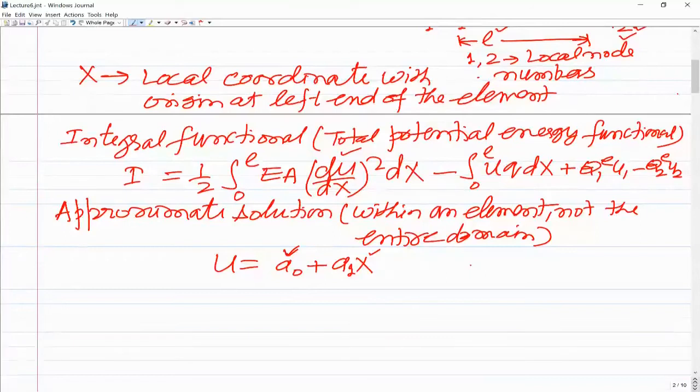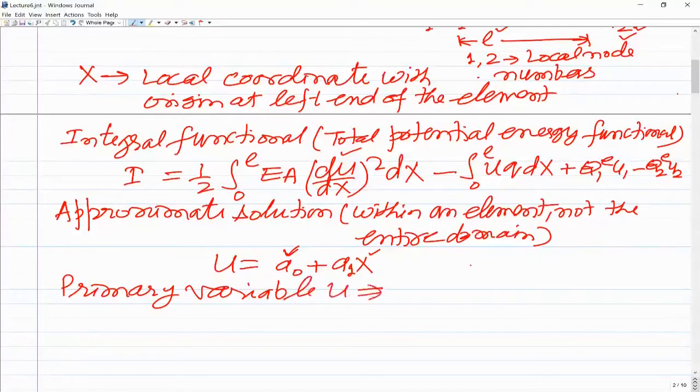So now, as I already said, the primary variable is u, and this should be continuous across the elements. So at each node, and we are taking a two noded element, each node has 1 degree of freedom, that is the value of u, and therefore the element has 2 degrees of freedom.